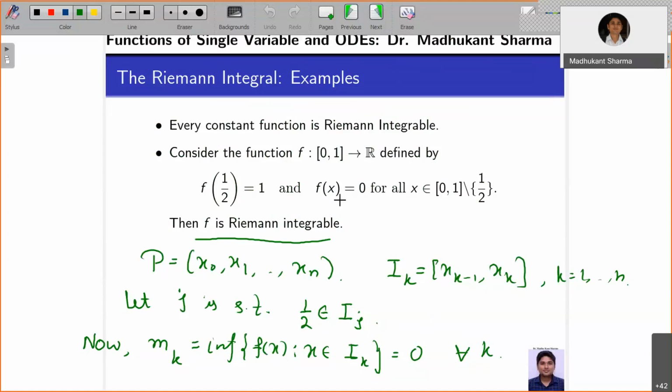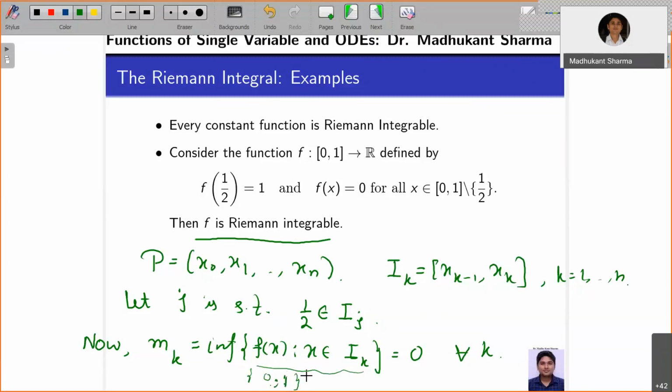Yes, sir. Now, in the jth subinterval, where it takes a non-zero value, f(1/2) is the positive value 1. If it were a negative value, then m_k would be minus 1. So in the jth subinterval, all the values are 0 except at 1/2, where the value is 1. Do you agree? Yes, sir. So this set takes the values 0 or 1, and I can form the set {0, 1}.